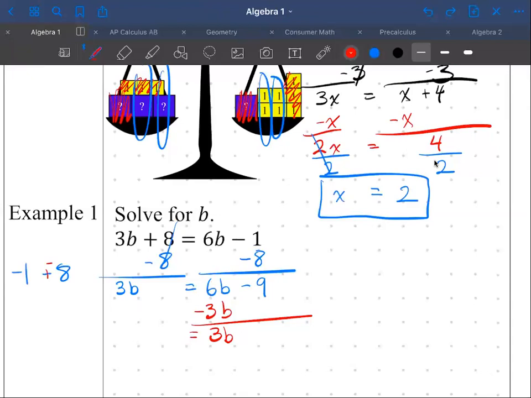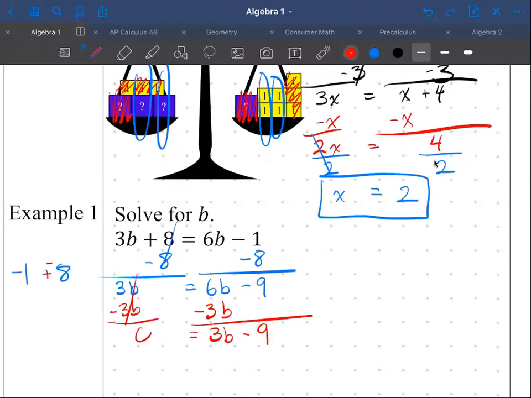Let me hear what Diego has to say. What's the full equation that you would have after subtracting 3b on both sides? You just have 3b minus 9. Minus 9. And then what about the left-hand side of the equation? That would disappear, yeah, because we're subtracting 3b on both sides.